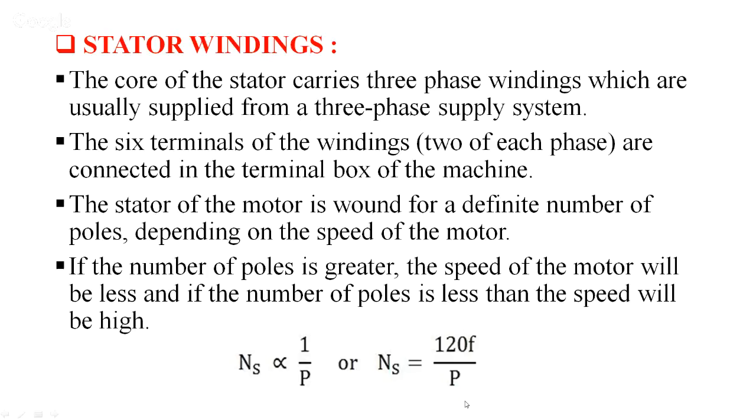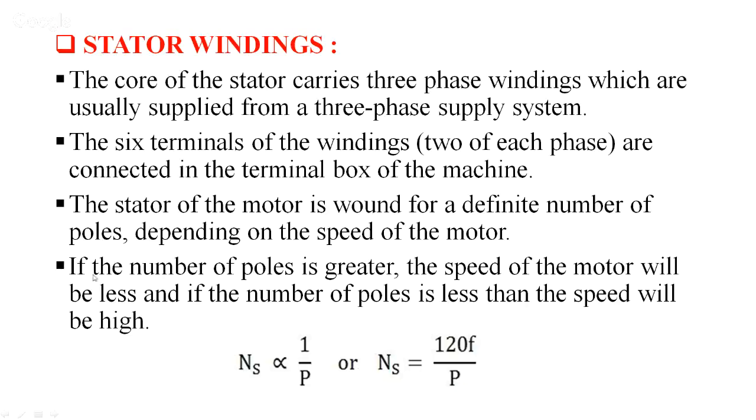That means if you increase the number of poles, the speed of the machine decreases. If you decrease the number of poles, the speed of the machine increases. So the choice of whether we want a bigger speed or a smaller speed, based on that the number of poles will be decided.